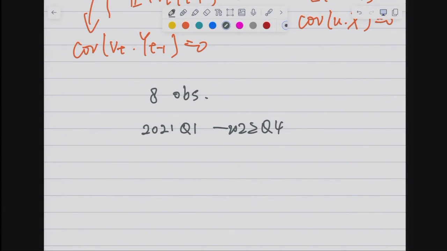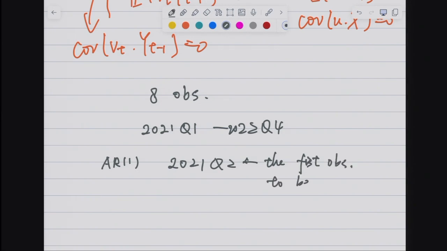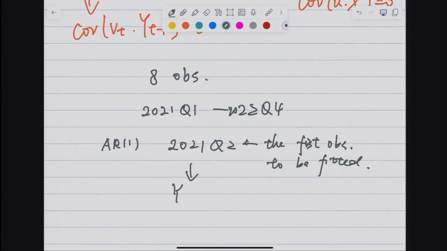But now imagine if we were to fit an AR1. Given that we don't have 2020 Q4, the first observation that could be fitted to an AR1 is 2021 Q2. This is the first Y that can appear on the left-hand side.